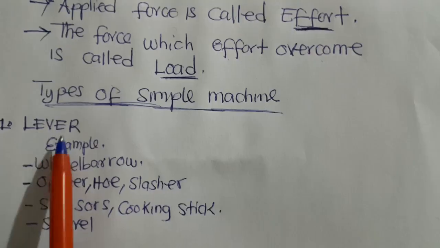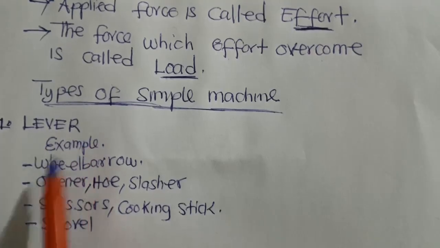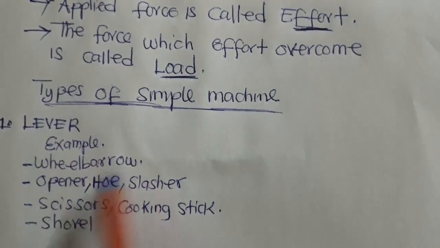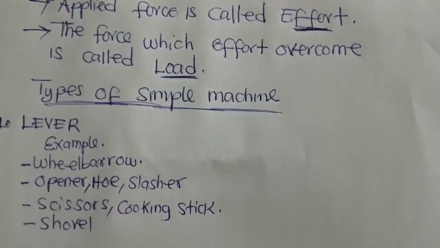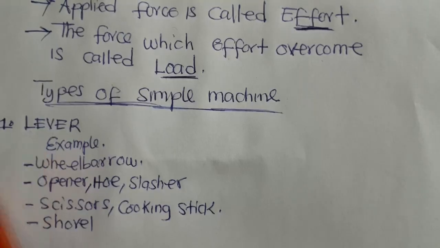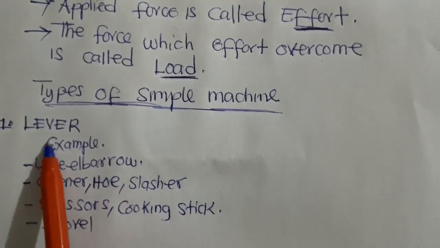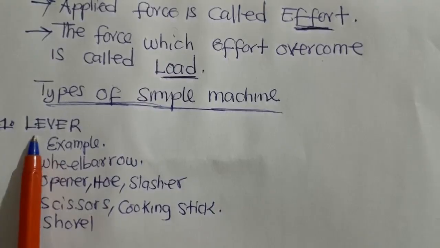So a machine here is called a lever. Examples of a lever, we've got wheelbarrow, opener, like that. Have you seen? The main thing here is this one, and these are examples of this type of machine.